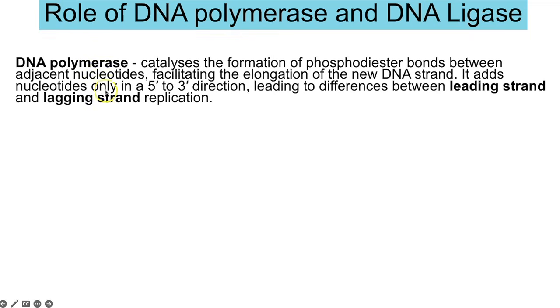So DNA polymerase will always bind to the original template strand at the 3' end. That means the newly synthesized strand, which is anti-parallel, will have new nucleotides being added in the 5' to 3' direction.